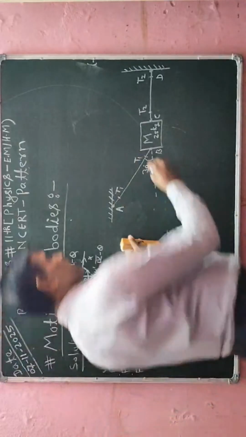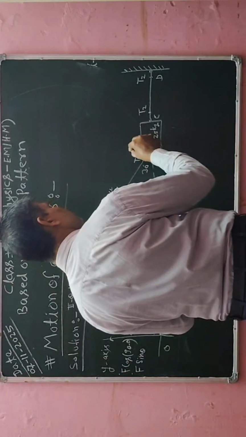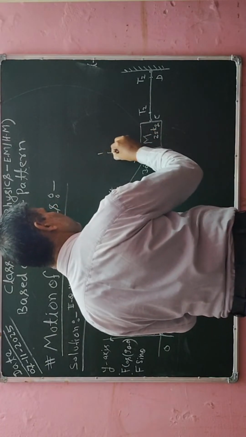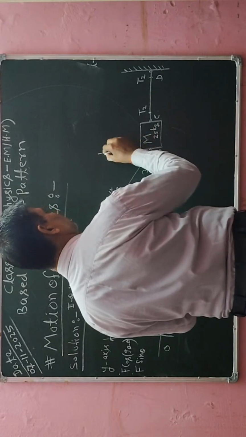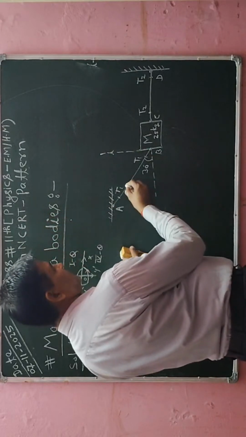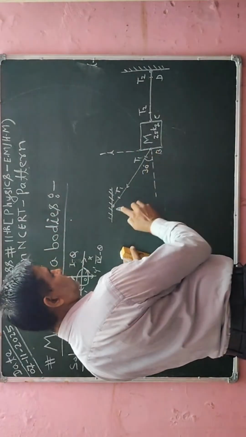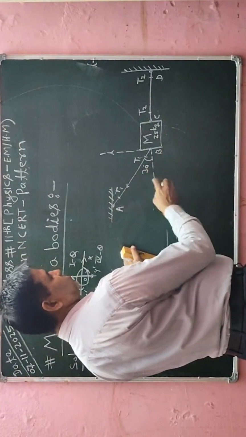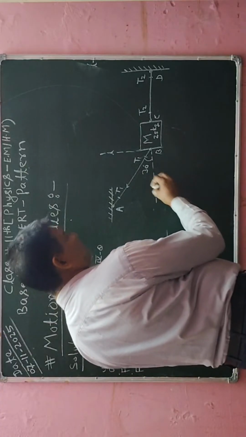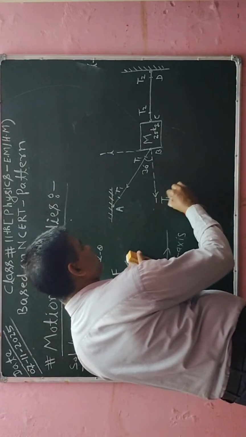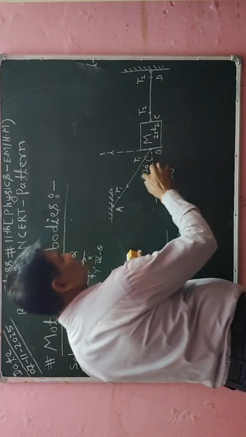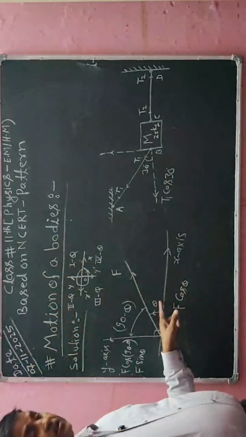Here I will draw a line which is vertical. So I will say this is the vertical. I will resolve this force, that is BA. Along this axis I have to write here T1 cos 30 degree. Here the angle is 30 degree, but in the formula the angle is theta.